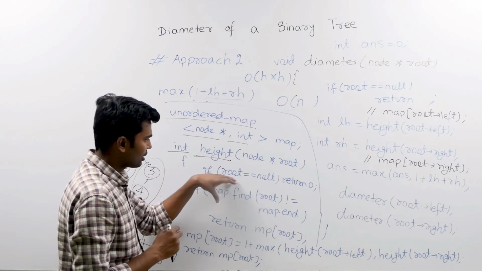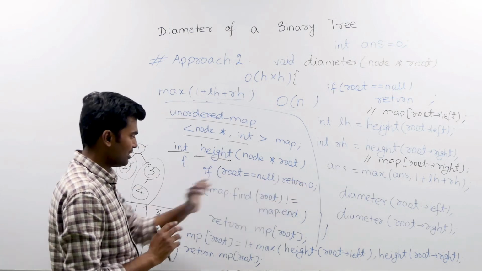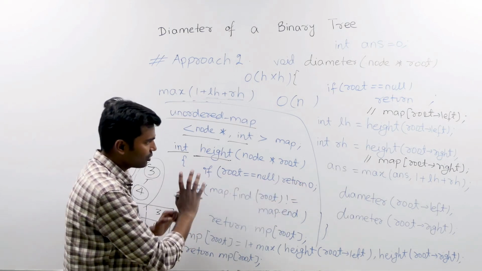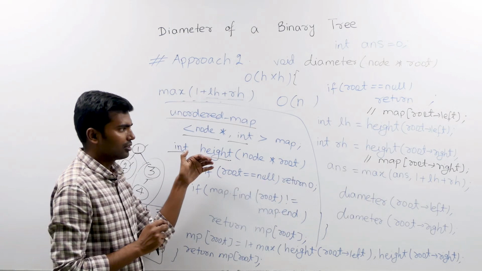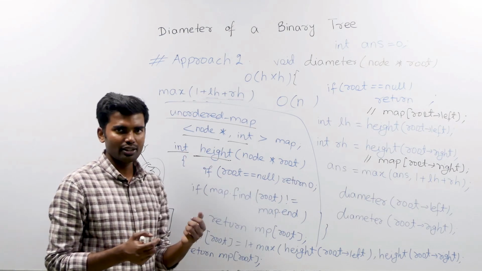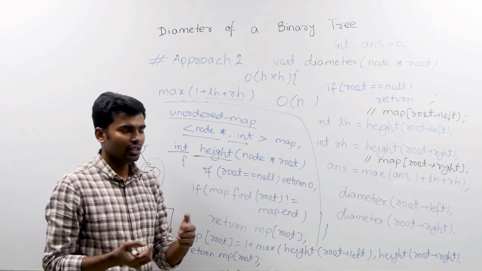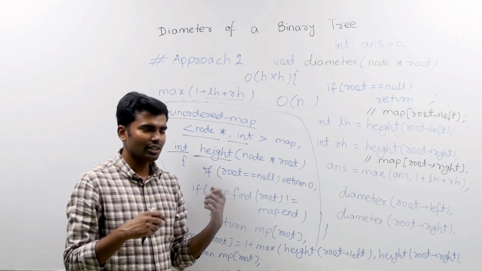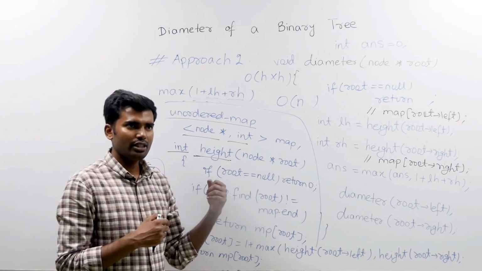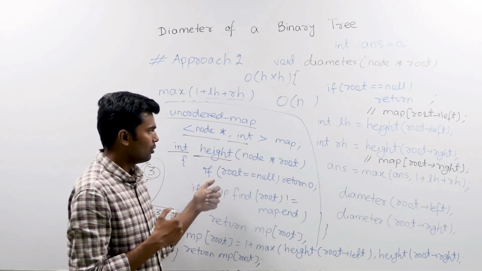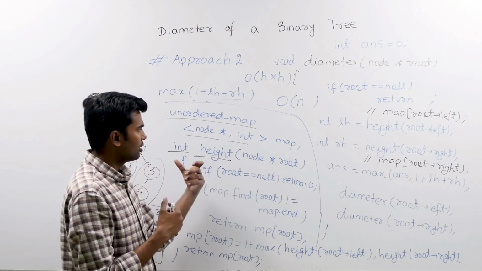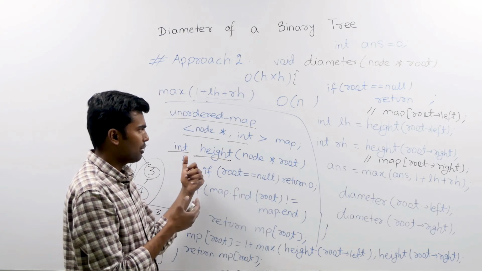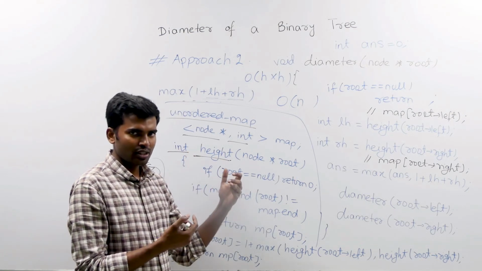So basically, if the root is null, then return 0. This is the base case. And this is simply memoization. If you know dynamic programming, then if we have to calculate the value of the same thing again and again, we cache that value, we store it in a map or array or something.